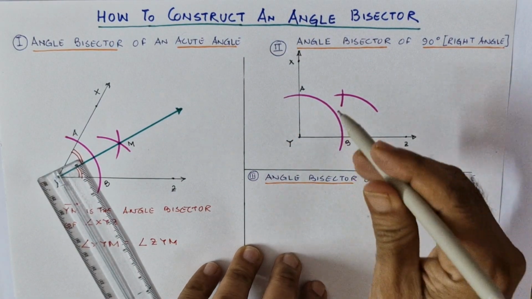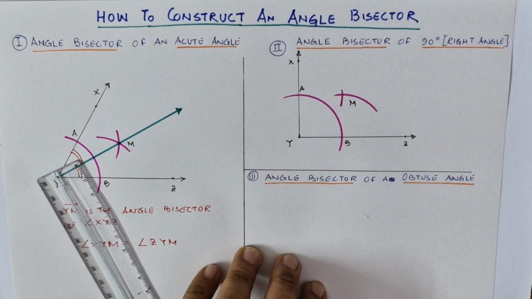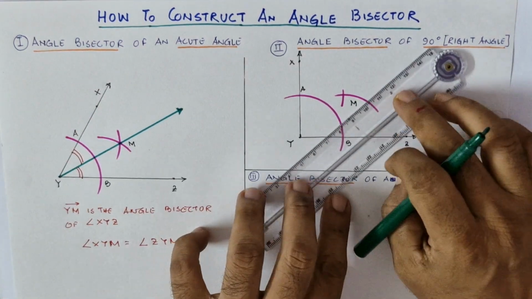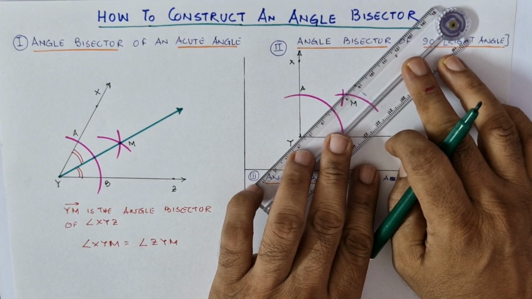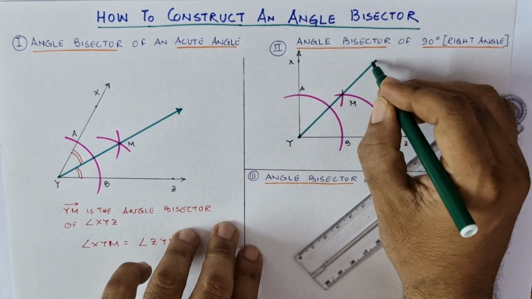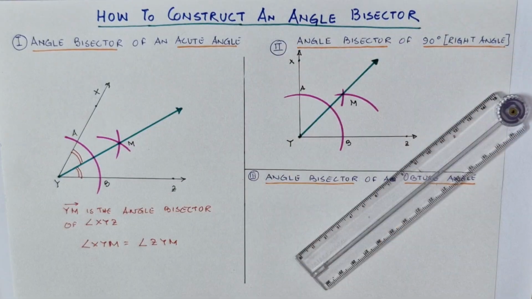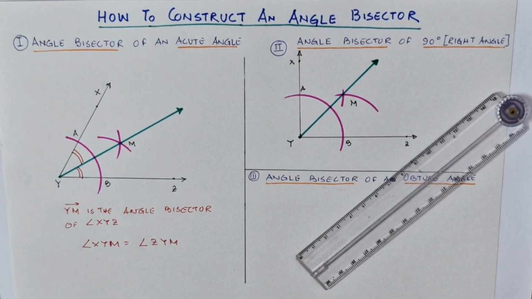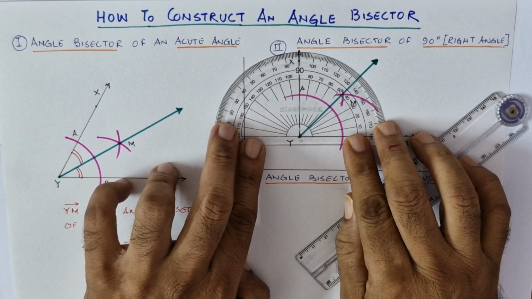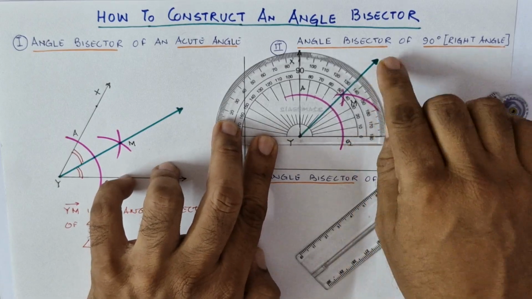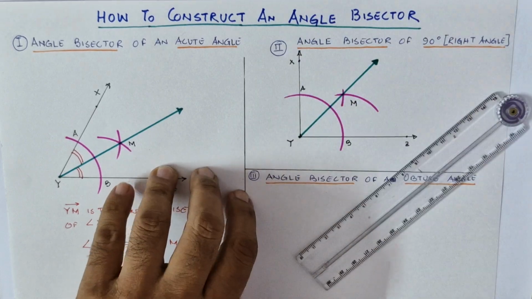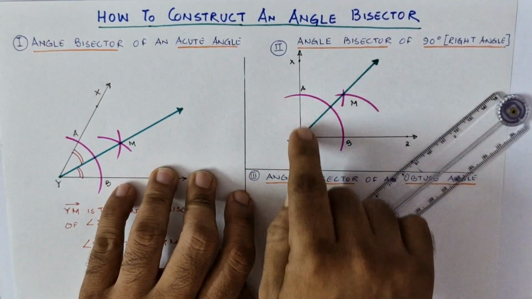So we'll call this M, the intersection point. Let's join YM. Now YM is the angle bisector of the 90 degree angle. So see, this is 90 and obviously this is 45. See, in the protractor it is 45. So this one will also be 45. So we have successfully bisected the right angle.